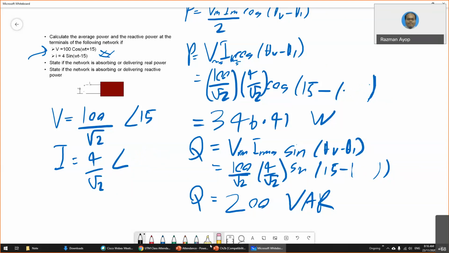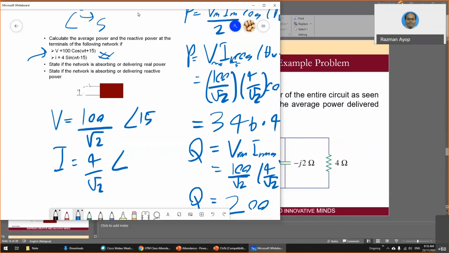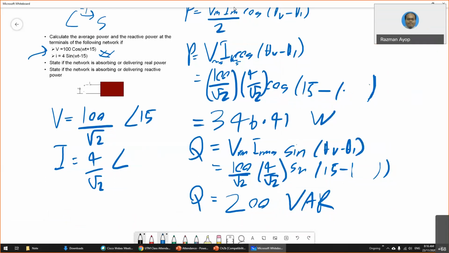So if you want to change this, remember C S: plus if increasing, minus if decreasing. C to S, S to C. So for this case, sine goes to cos is minus 90.